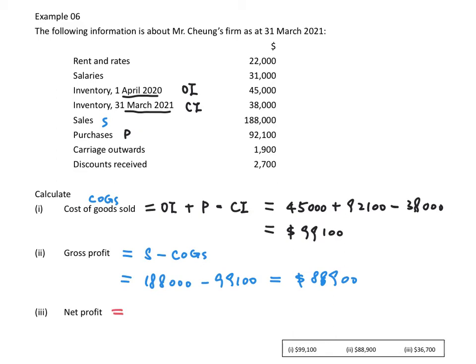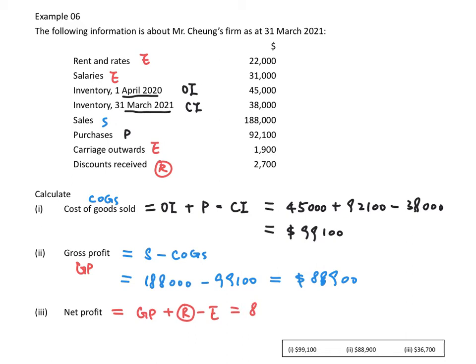And the last part will be the net profit. So remember the net profit, that means NP equals the GP plus the revenue minus the expenses. GP is the gross profit. And we have the expenses, and also the revenue. So we just plug in the numbers.